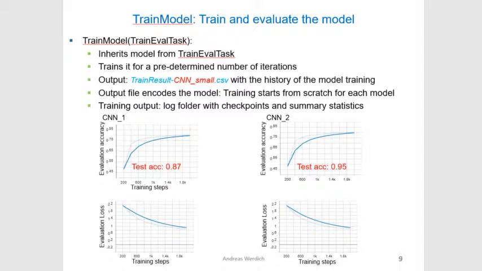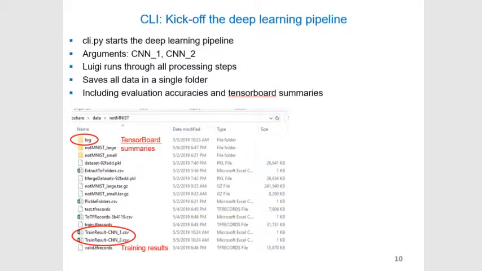TensorFlow also generates a log folder with checkpoints and summary statistics that can be read in using TensorBoard, which is the TensorFlow visualization tool. The entire pipeline is kicked off from the command line using arguments that contain models or hyperparameters. And Luigi runs all of the processing steps and then saves the output in a single folder. And that includes the evaluation accuracies and the TensorBoard summaries for each model.